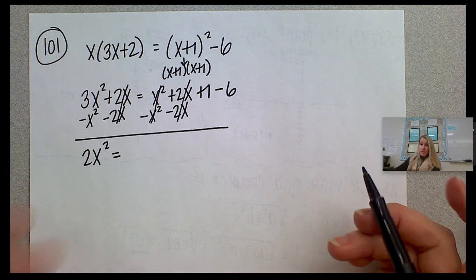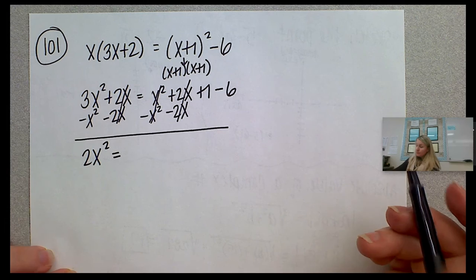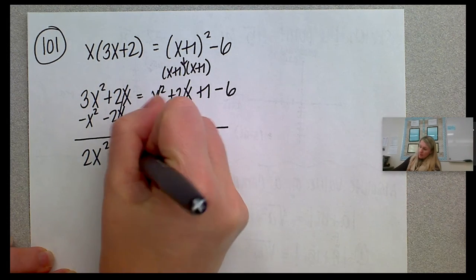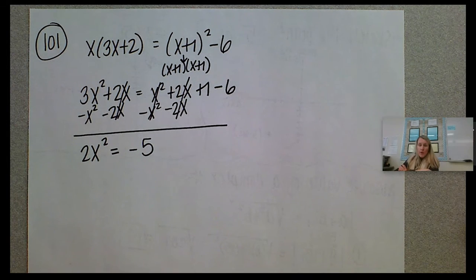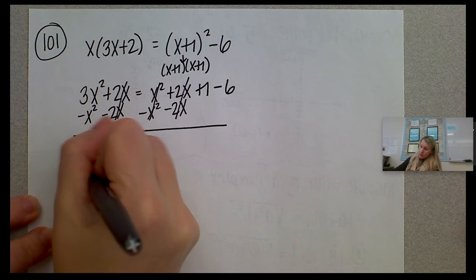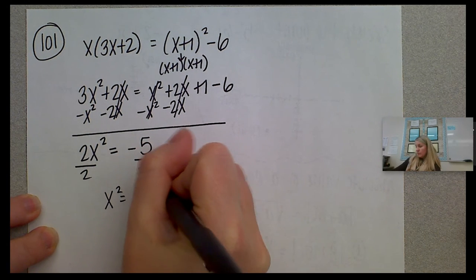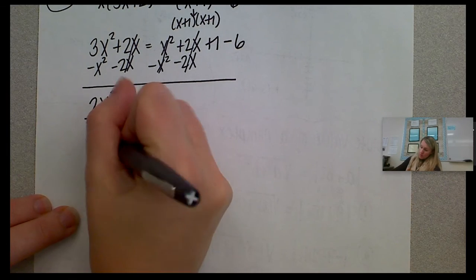The linear terms, the x's cancel, which is what we need if we want to use square root. So that's a good thing. And then the last thing, I just have these constants over here. So 1 minus 6 gives me negative 5. Okay. Divide both sides by 2. Beauteous. Square root of both sides.